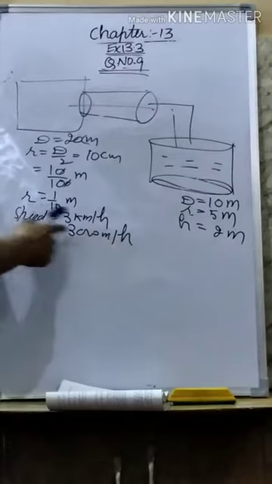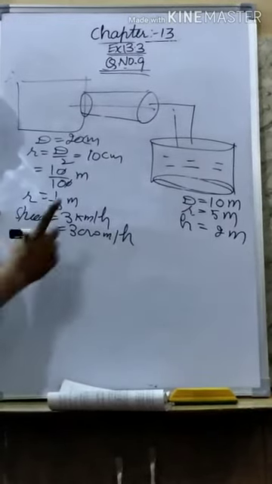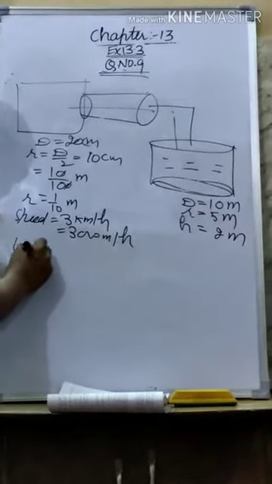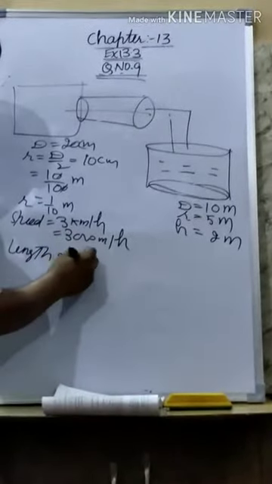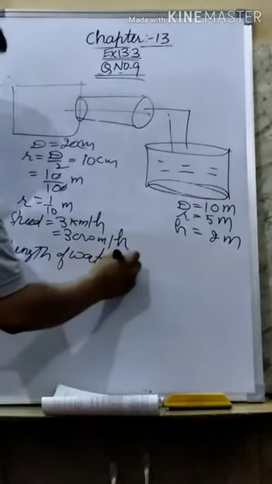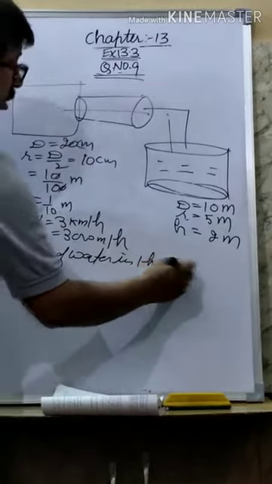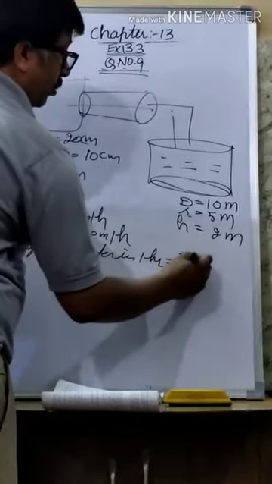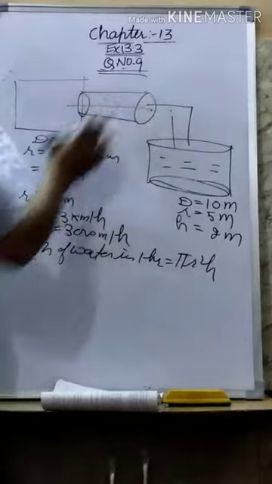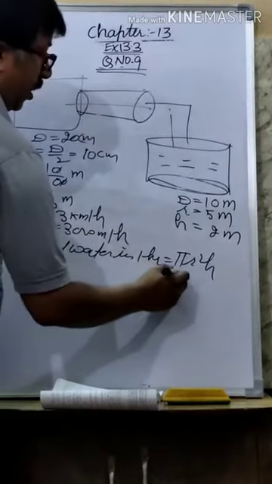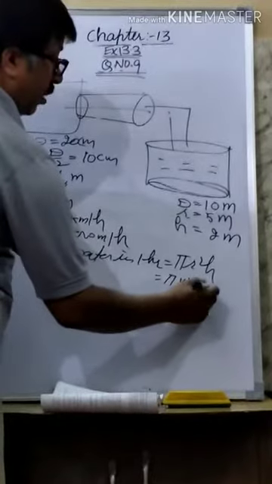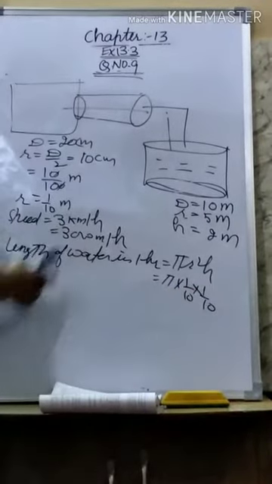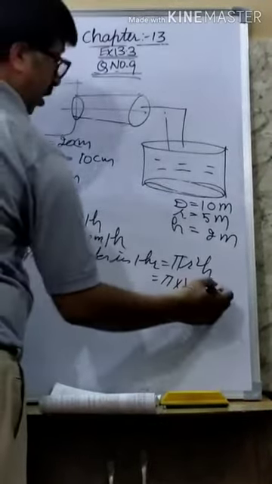I have told in the last question that this speed will give the length of water. So the length of water in 1 hour is 3000 meter.